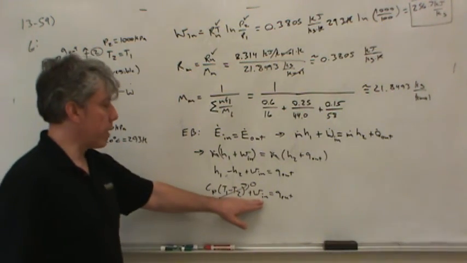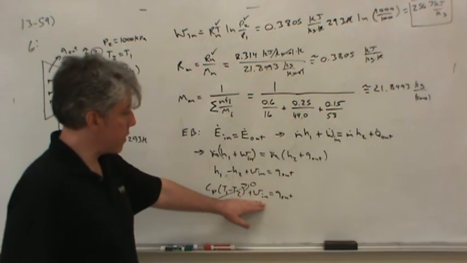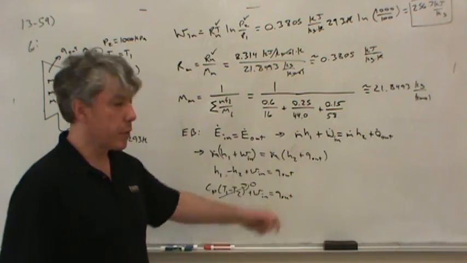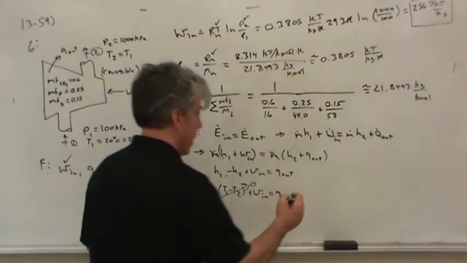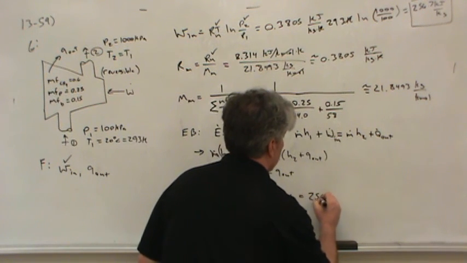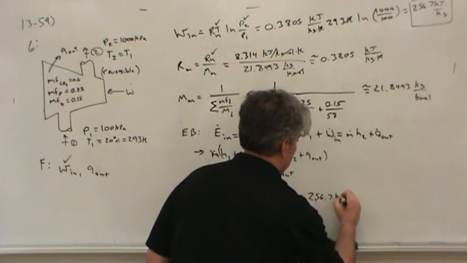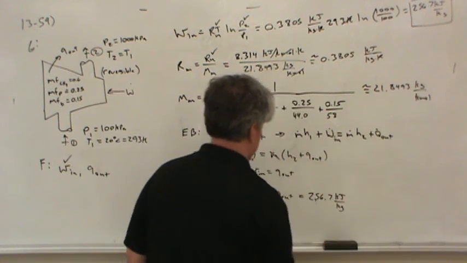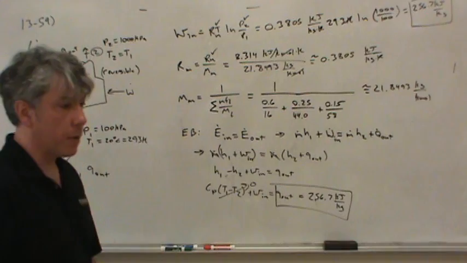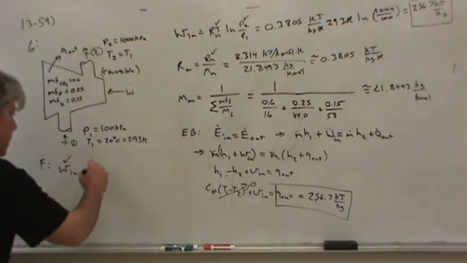So the work per unit mass that flows in is equal to the heat that flows out per unit mass. And so what that means is this is simply 256.7 kilojoules per kilogram. So there's our specific heat flow out, which finishes off the problem.